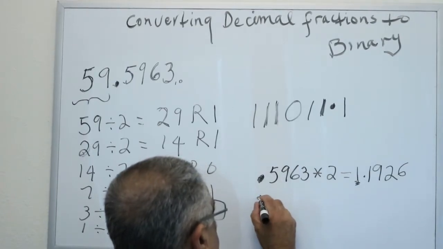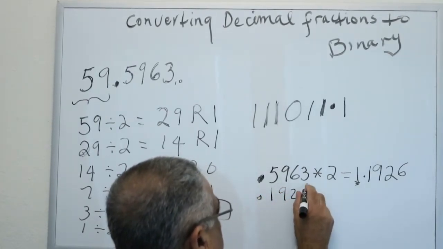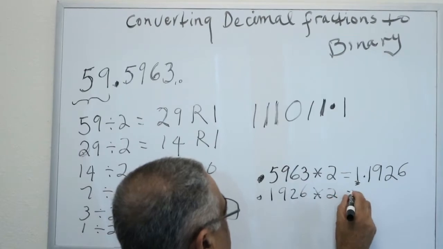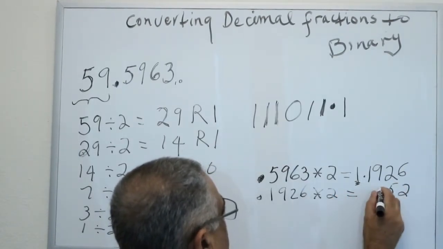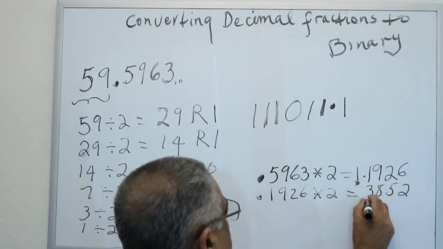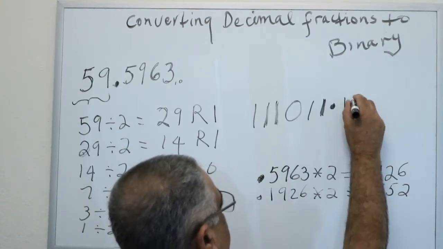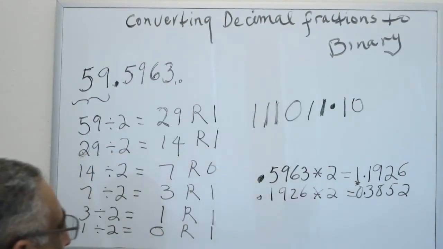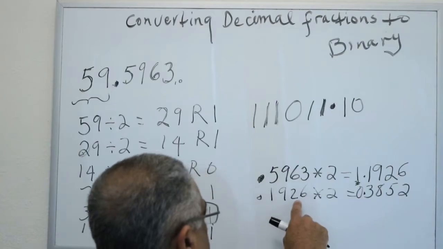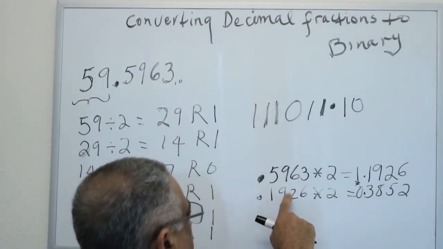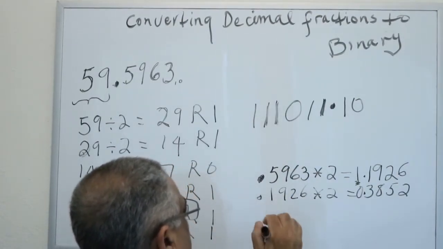Then take 0.1926 times 2. That gives 0.3852, correct? So that's a 0.